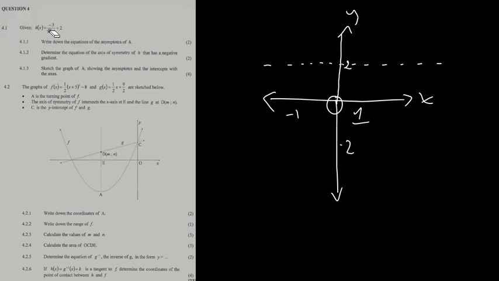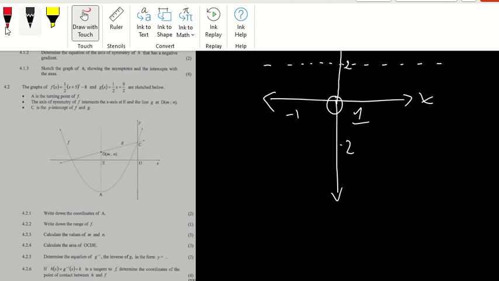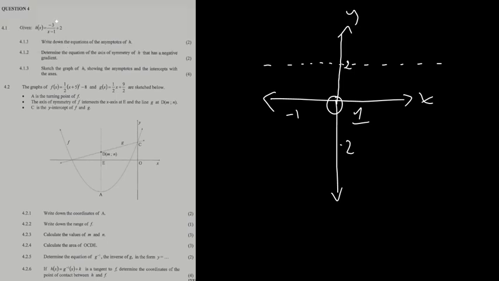Let's pick up the eraser. I'm sorry that I chose to start with this part. Then you consider this denominator, right? This denominator is x minus 1 equal to 0. So you simply bring it to the other side, then you get x equal to 1.